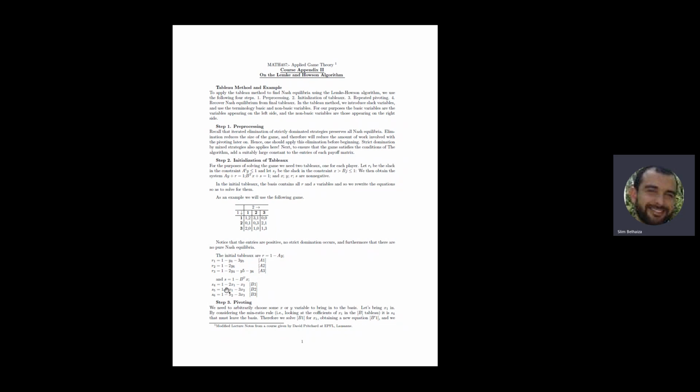If S4 leaves the basis, what you could do is to make Y4 enter the basis, because don't forget that you have these complementary slackness conditions. And you will have, of course, Y4 times S4 equals 0. Since S4 became 0, you can make Y4 non-zero. And that's exactly what is said here.